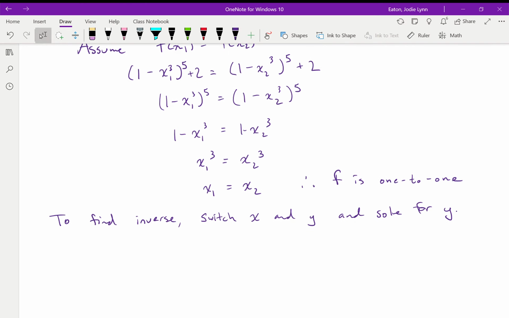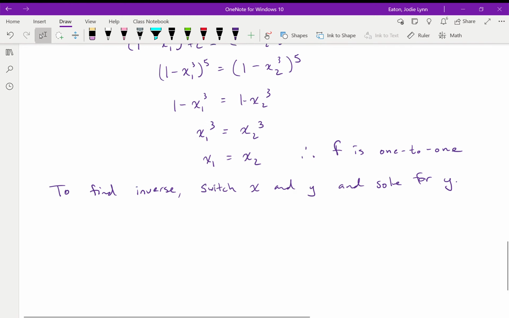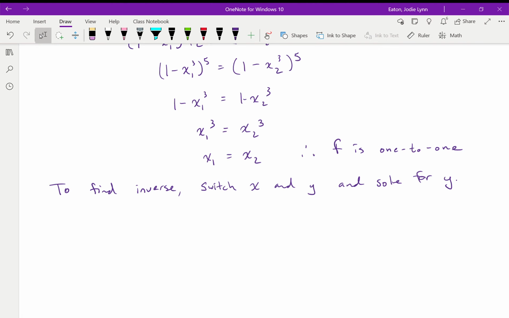So our y's from f of x are going to be the input now, and we're going to see what we put in to get back the y that is really the x. So we have x equals 1 minus y cubed to the 5th. Remember, f of x equals y, so we're just swapping those around.